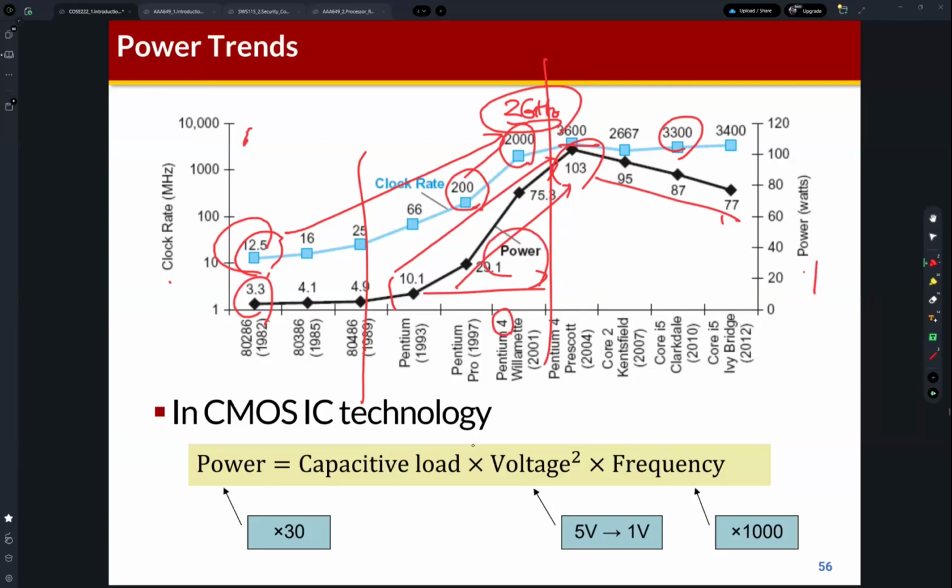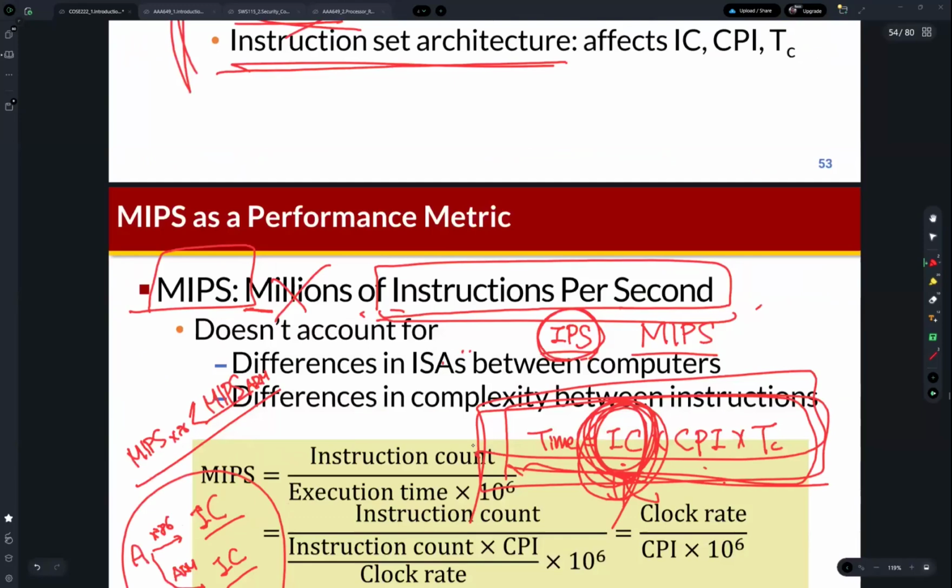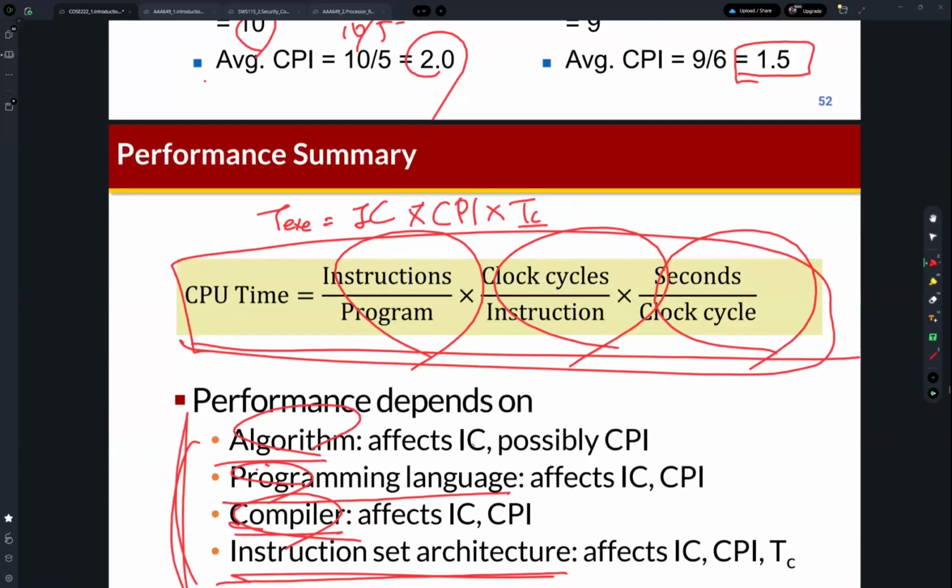It's because we want to use a better CPU, which means the CPU can exhibit higher performance. We learned about this equation, in which Tc is the clock period.